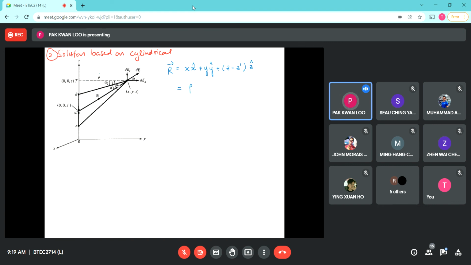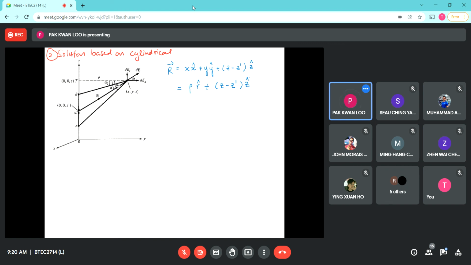You can see the parameter here, which is the cylindrical coordinate radius rho. So I would put this as r cap plus z minus z cap.